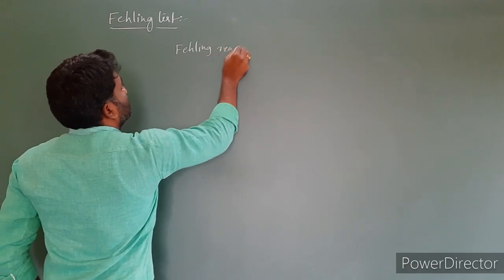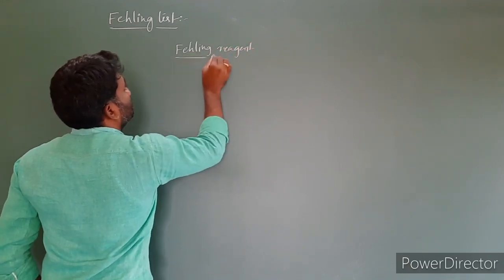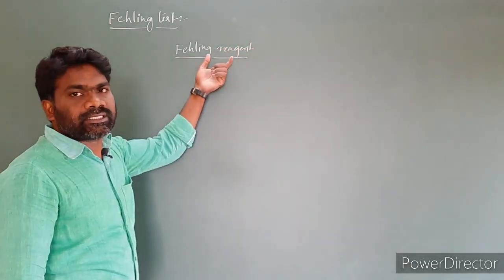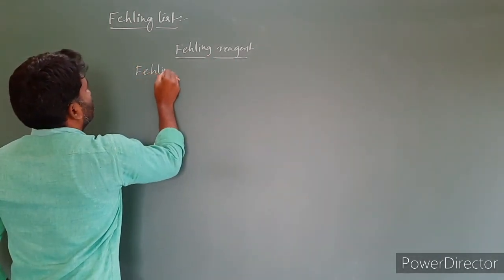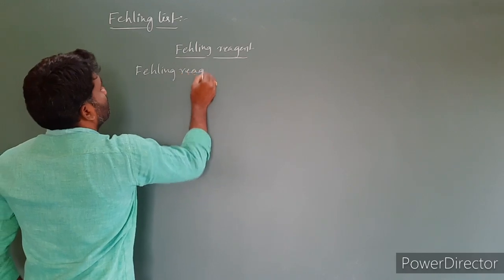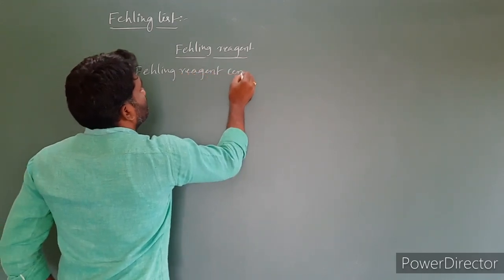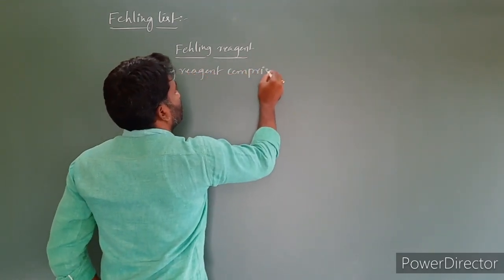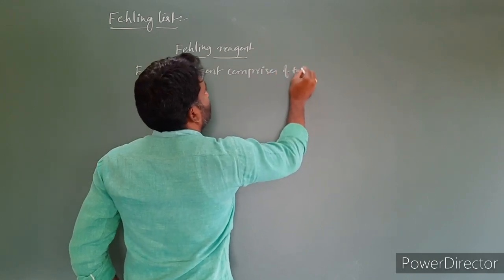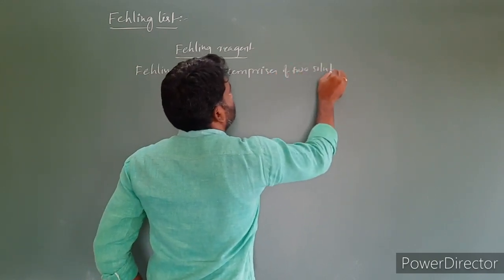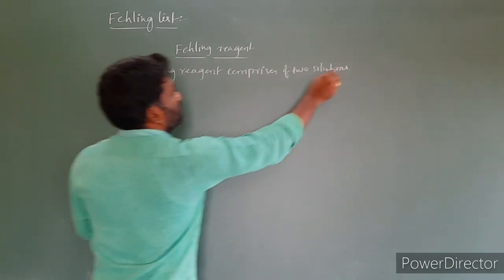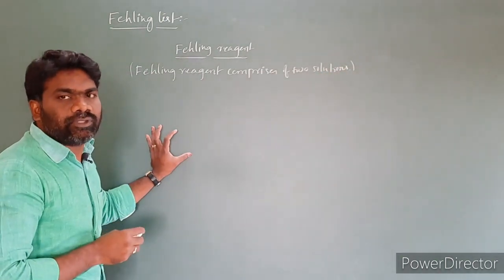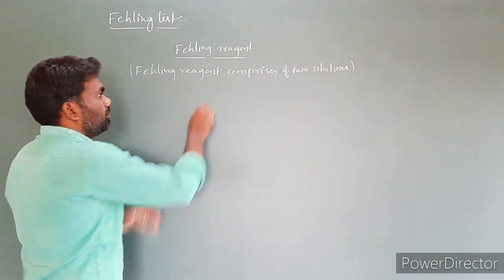Fehling reagent comprises two solutions: the first one is Fehling solution A and the second one is Fehling solution B.